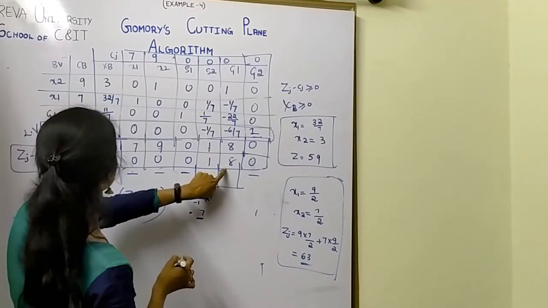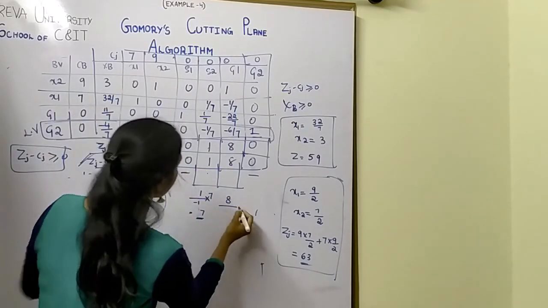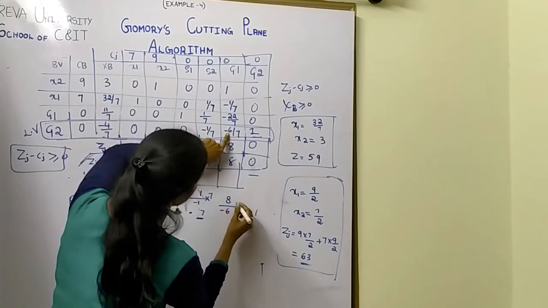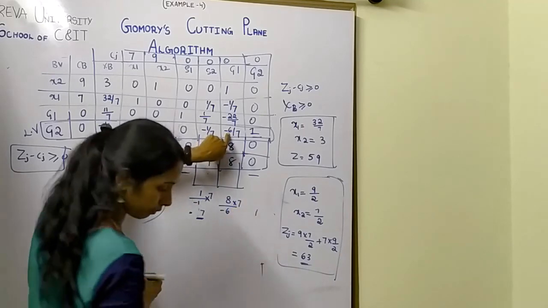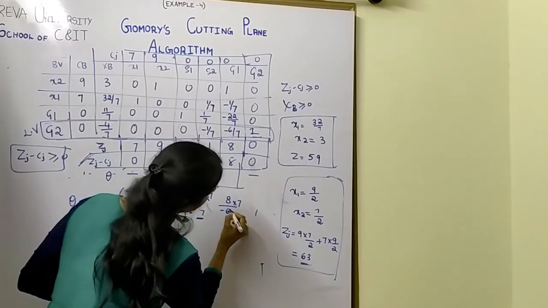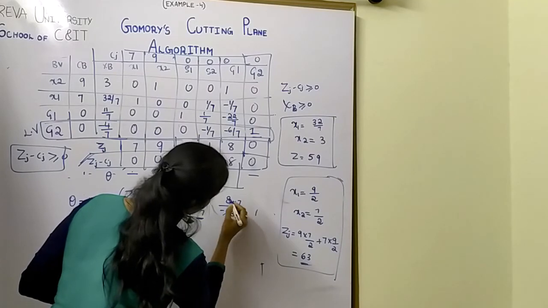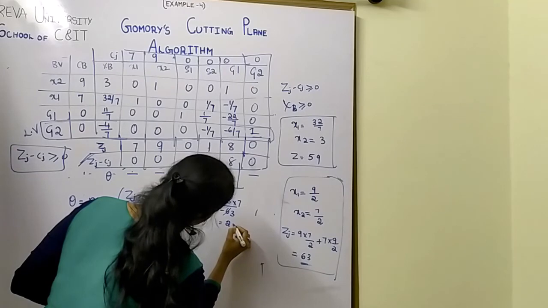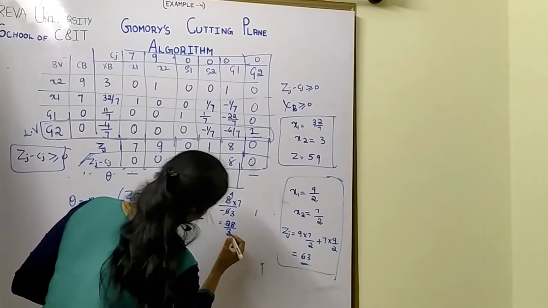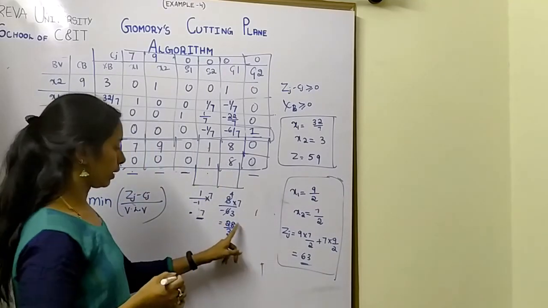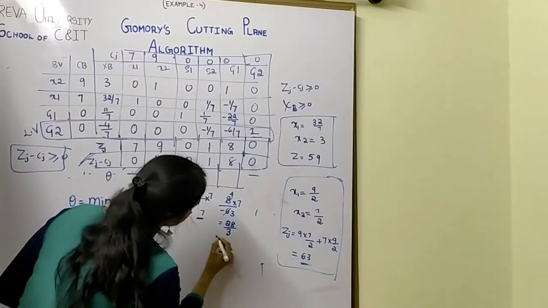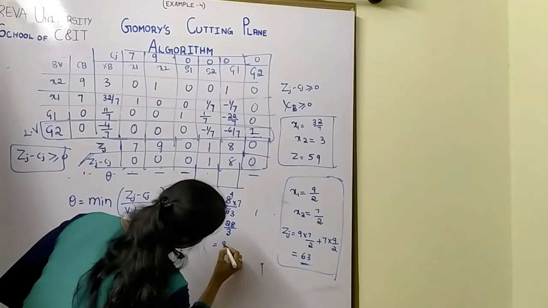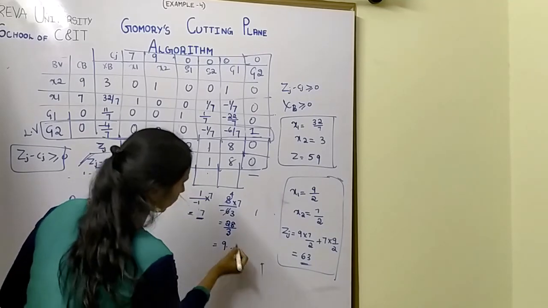Then here 8 divided by, so your value is minus 6 into 7. So you will get 28 by 3. This is almost equal to 9 point something.